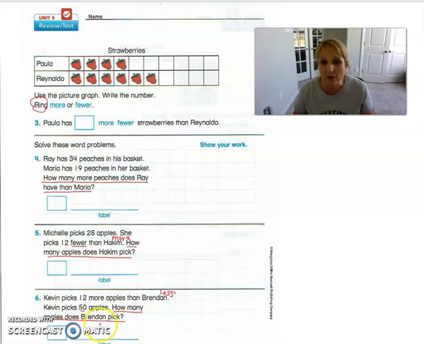And we want to know how many Brendan picks. So Kevin picks 50 apples. If that's 12 more than Brendan, then Brendan picks 12 less than that. Go ahead and solve it. All right, boys and girls, if you have finished that page, go ahead and turn to the next page. If you need more time, just pause the video.